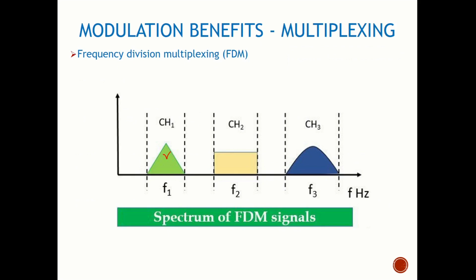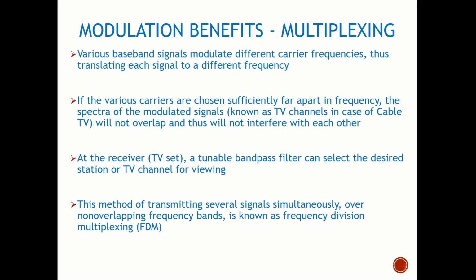This has a separate baseband signal, and this is another baseband signal. All these baseband signals inside these channels have the same frequency range, but the RF carrier of each of these channels is different, so they do not interfere with each other and can all be transmitted at the same time. So this is a second major benefit of modulation, right?